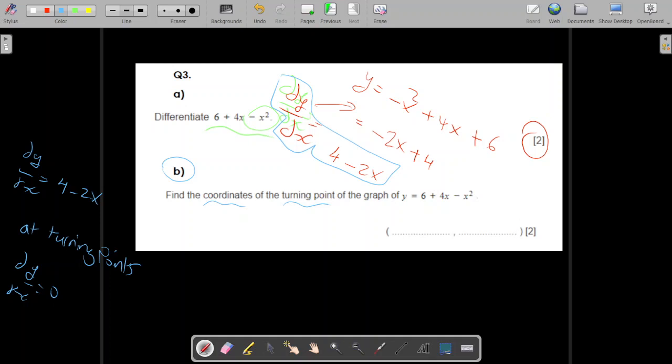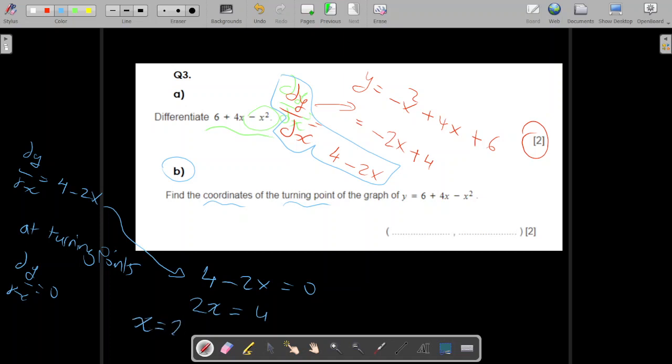Nothing is happening. So by doing that, you're going to use this equation here, delta y per delta x. You will say that 4 minus 2x should be equal to 0, and from that expression the 2x is going to be equal to 4. It means that x at that stationary point is equal to 2.